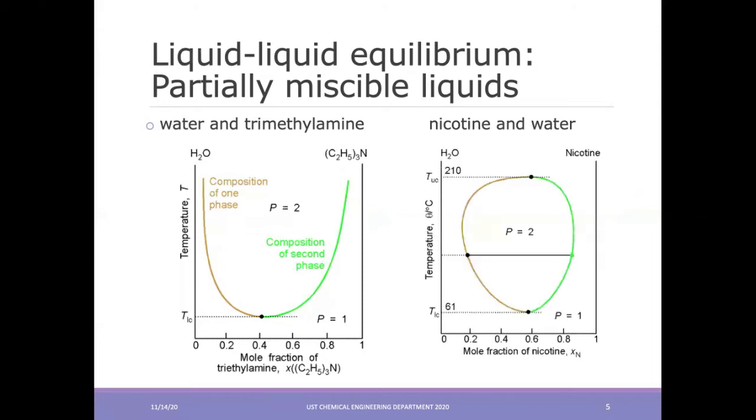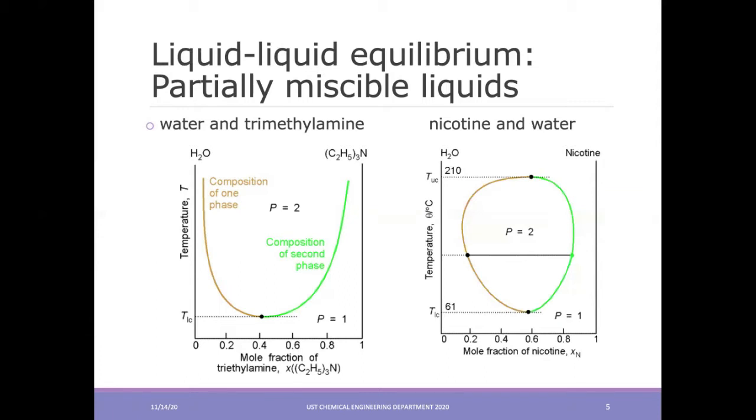Now, there are also a number of systems which have both a maximum and minimum critical temperature. In this case, the phase diagram features a loop which encloses the two-phase region. A common example is nicotine and water.